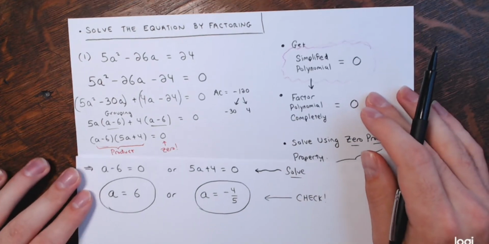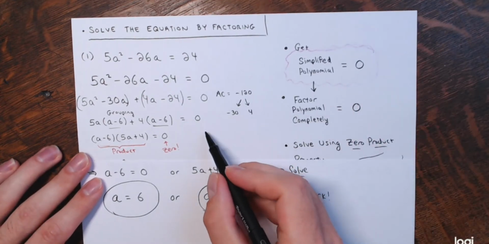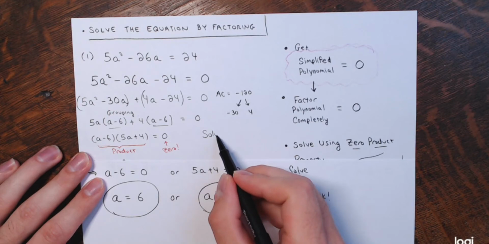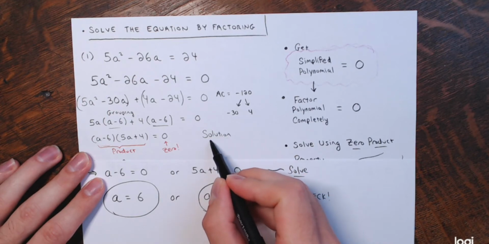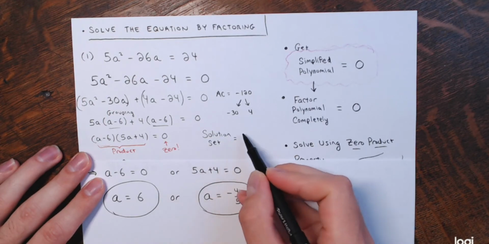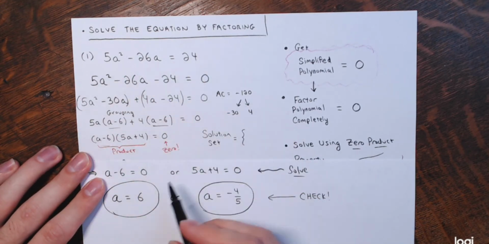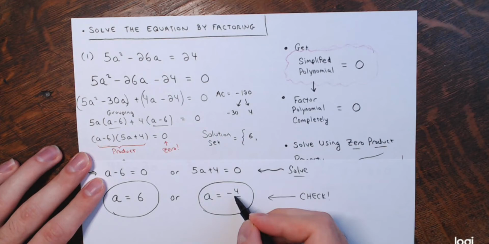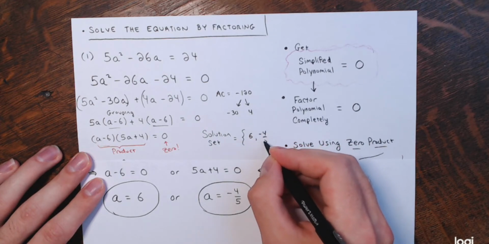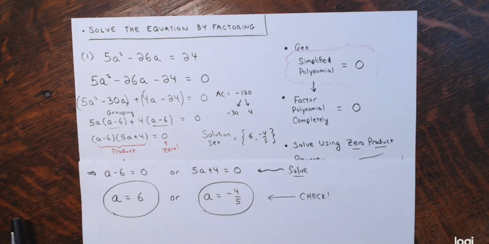So sometimes you might see this written as a solution set. I'm only going to do it for this first example. So the solution set for this equation contains the numbers 6 and negative 4/5. Right? So you might see that as well, where the solutions are written in some set.